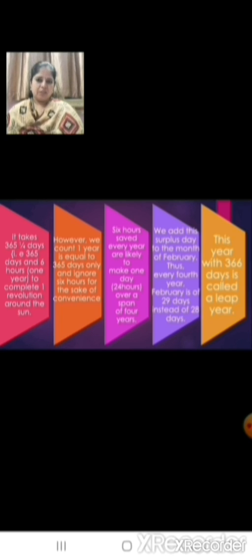So, 6 multiplied by 4 comes to 24 hours over a span of 4 years. Now, if we add this surplus day to the month of February, then every 4th year, February is of 29 days instead of 28 days. And this year with 366 days is called a leap year.